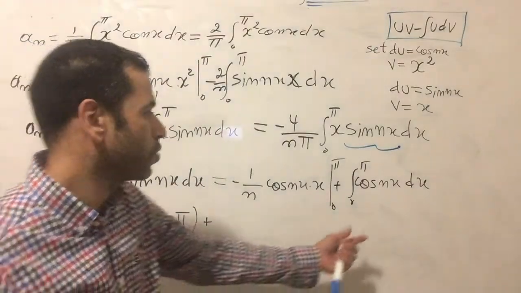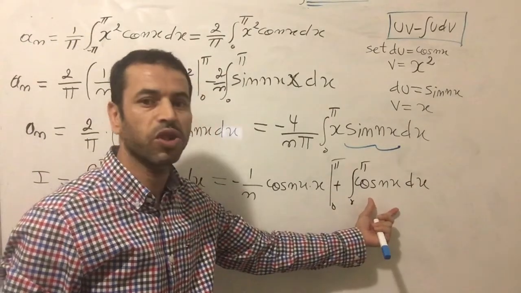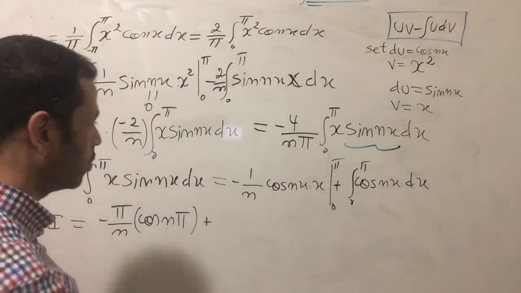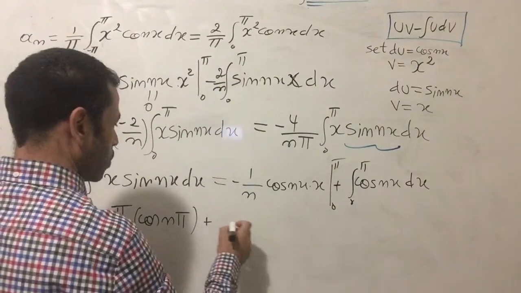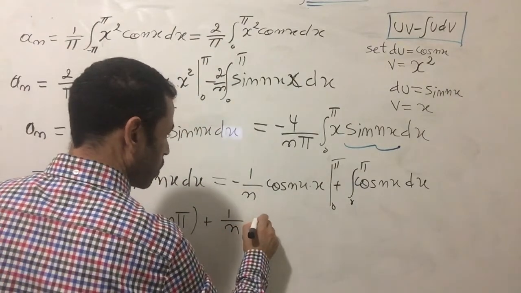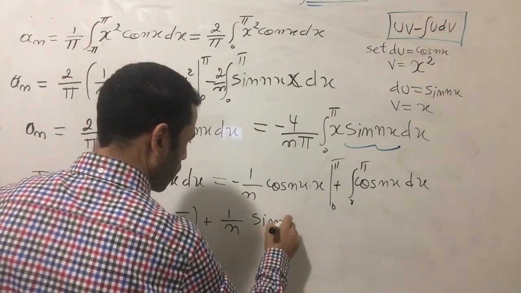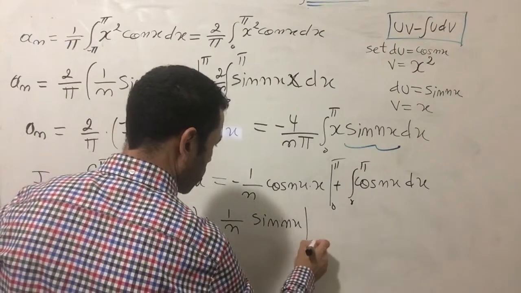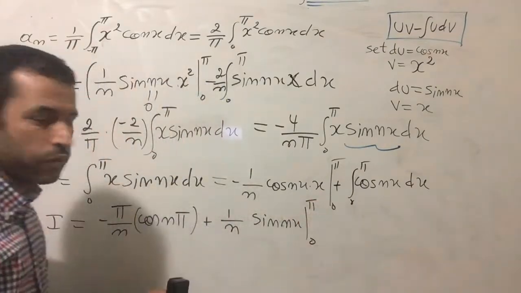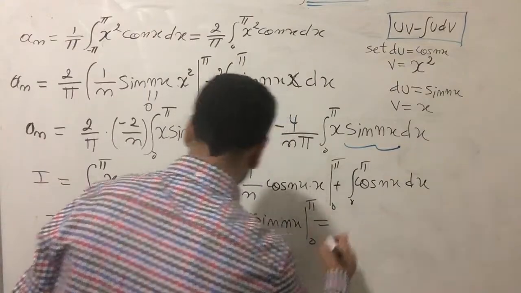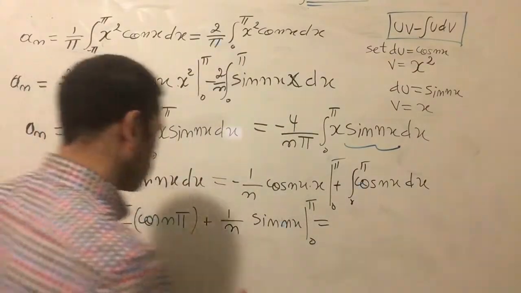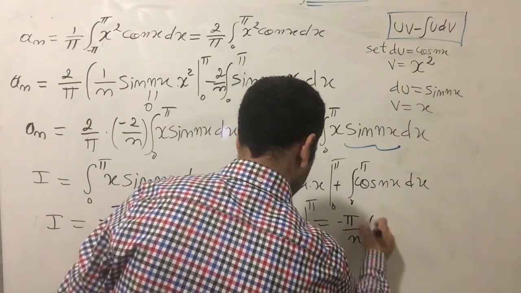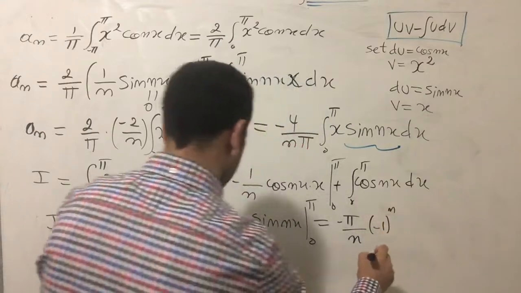If I look for the primitive of cosine nx, which is 1 over n sine nx, this integral becomes 1 over n sine of nx, with the bounds from 0 to pi. So this equals minus pi over n multiplied by minus 1 to the n.